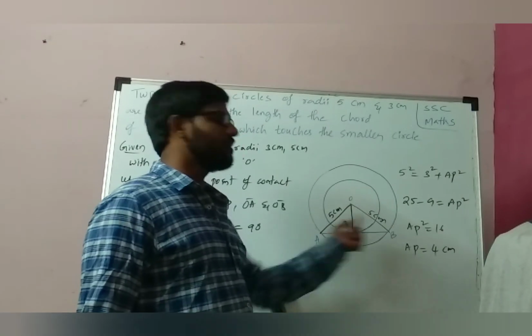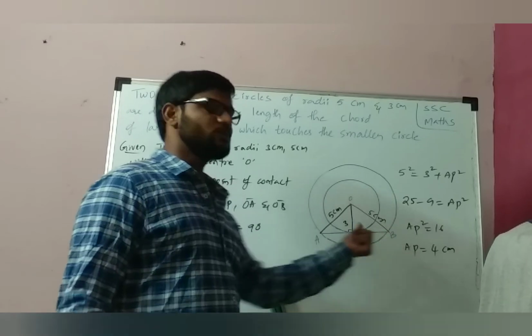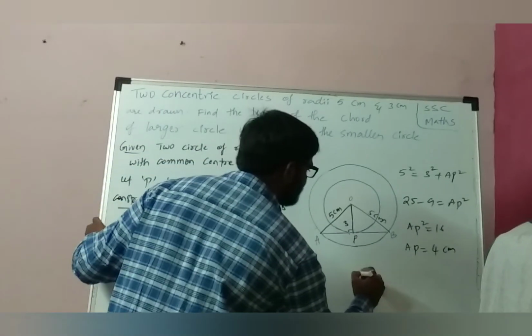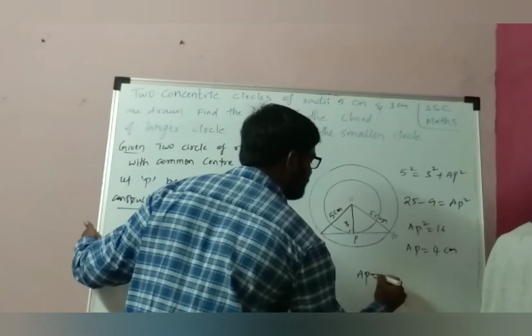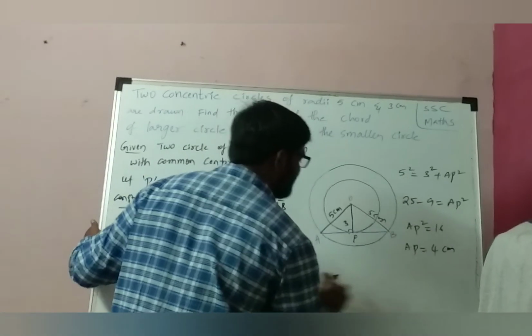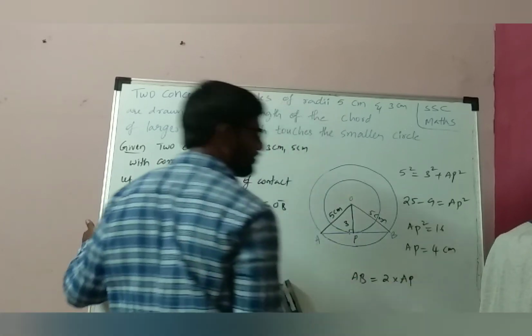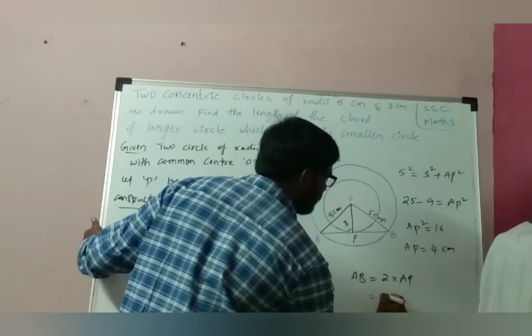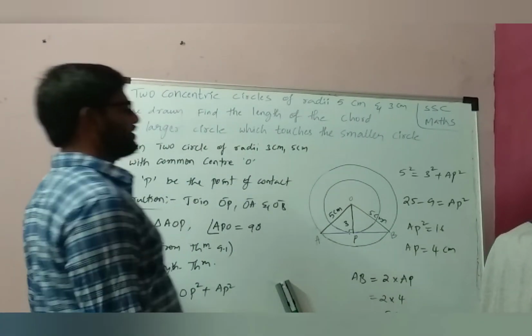That means this P is the midpoint of AB. If AP equal to 4, obviously PB is also 4. So from statement 2, directly we can write AP equal to PB. That means AB equal to 2 times AP. From statement 2, what is AP? We got 4 centimeters. So total AB equal to 8 centimeters.